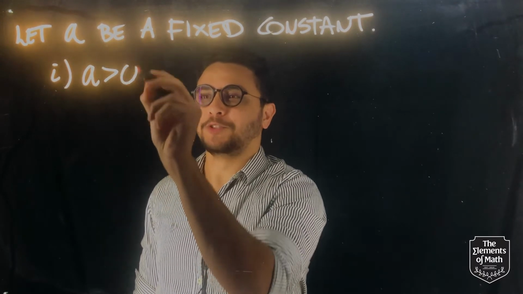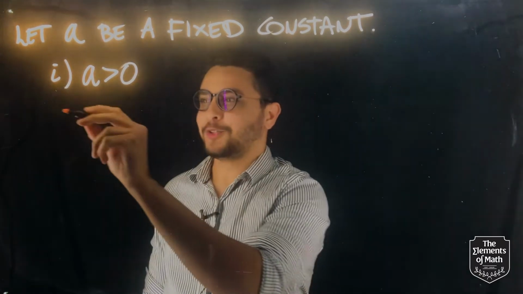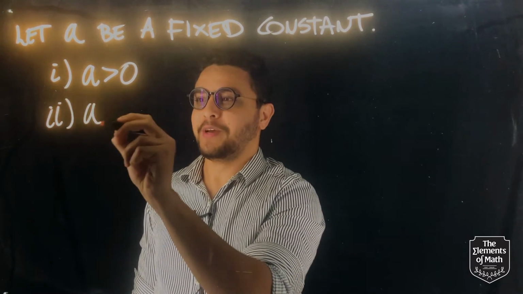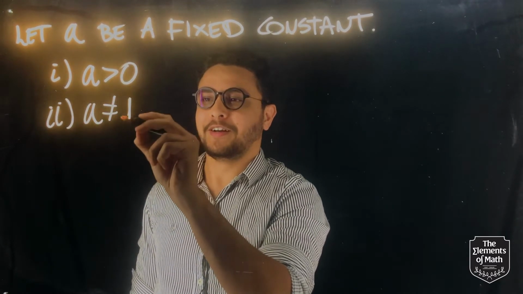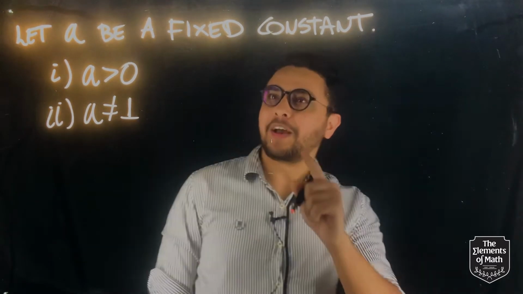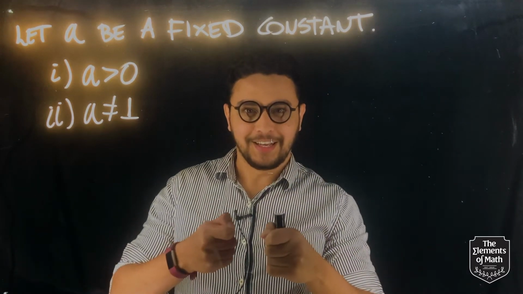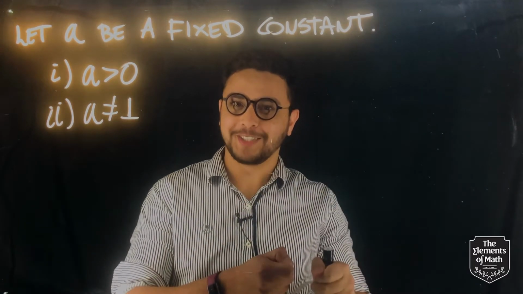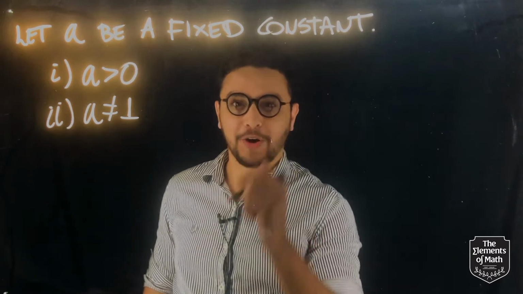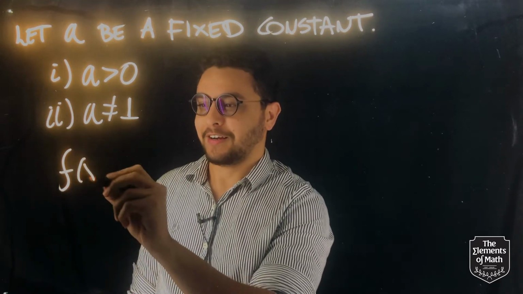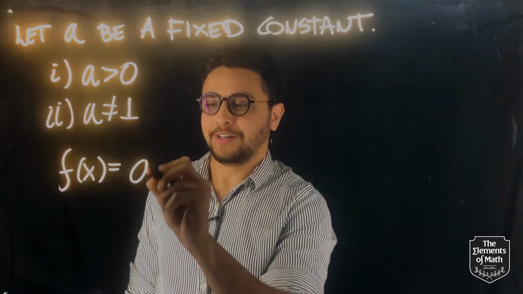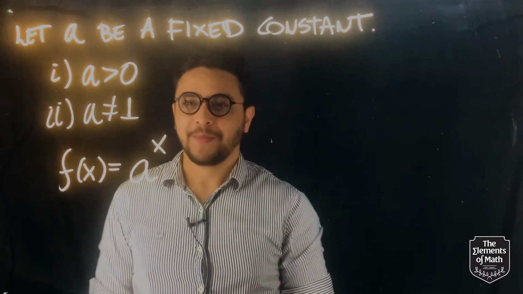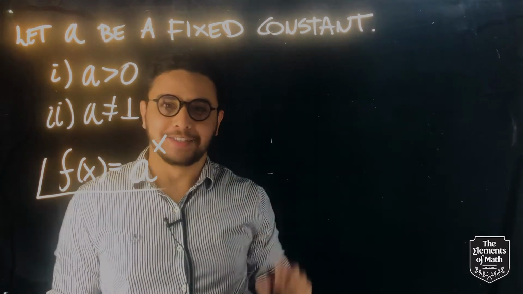A should be positive, and also A should be different than 1. So if you pick a fixed constant that is positive and different than 1, you're going to be able to define our exponential function, a to the power x.